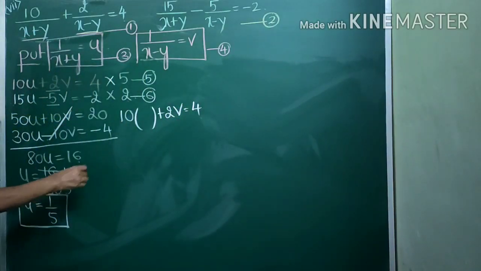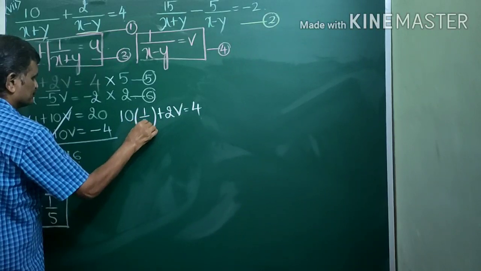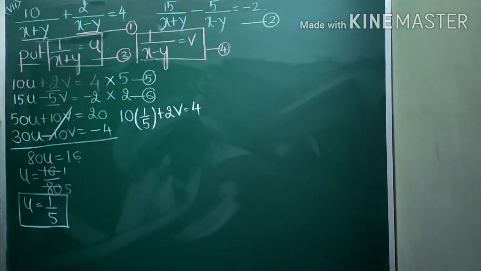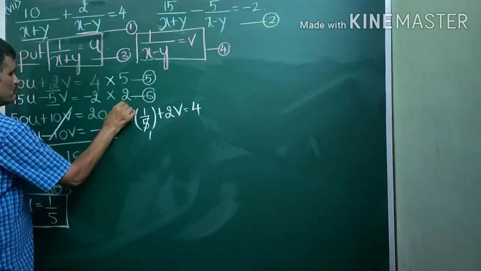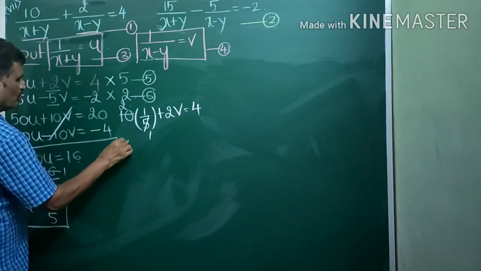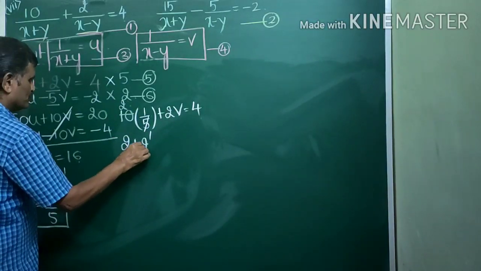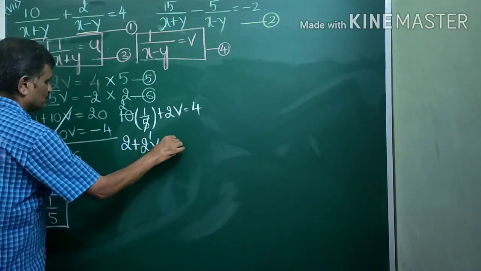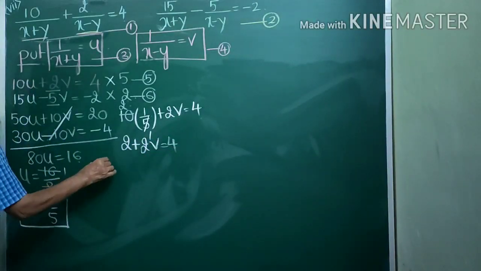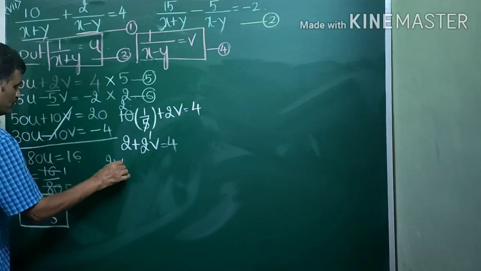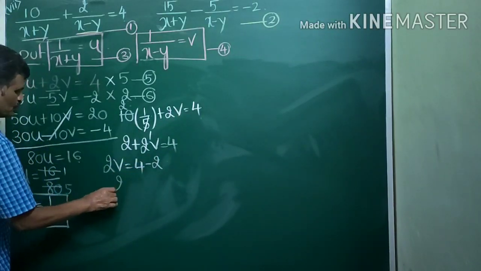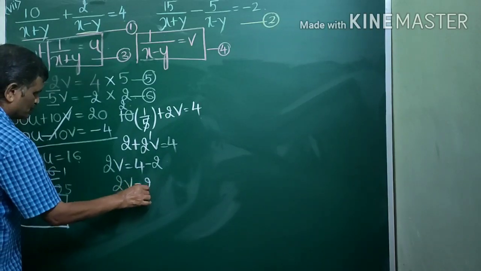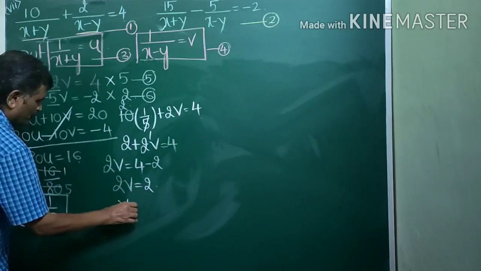The value of u is 1 by 5. So I am substituting the value of u as 1 by 5. Then 5 1s are 5, 5 2s are 10. So what I get here is 2 plus 2v is equal to 4. That means 2v is equal to 4 minus 2. So 2v is equal to 2. So v is equal to 1.